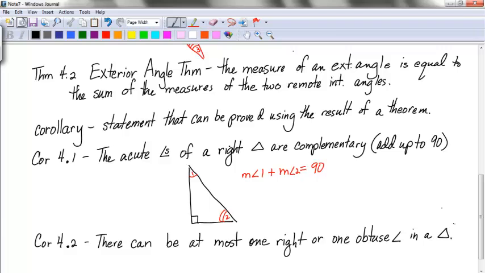That ought to make sense. If the three angles add up to 180 and one of them is a right angle, you can't have another right angle. You can only have one obtuse angle because it's greater than 90. So there's only one.